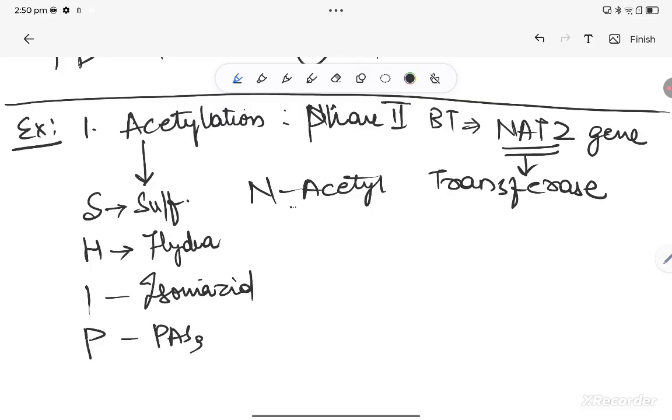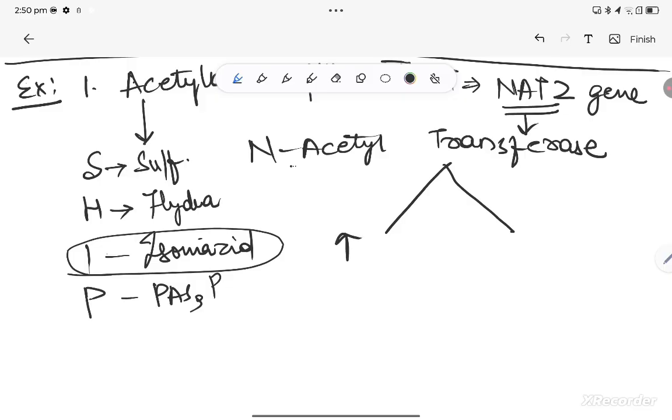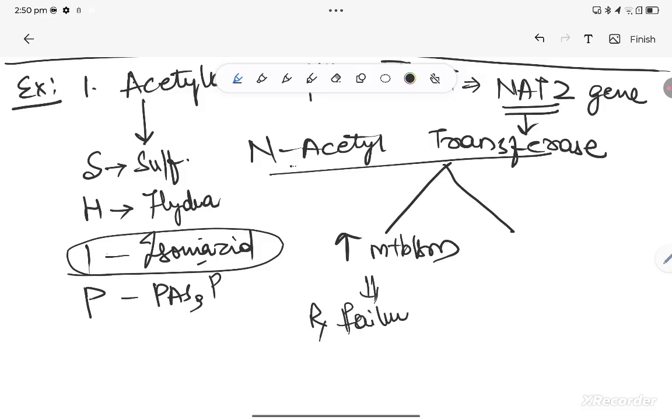Let us take the example of isoniazid. Isoniazid is basically an anti-tubercular drug. If a patient is expressing more N-acetyl transferase, there will be more metabolism of isoniazid, resulting in treatment failure. That is, the tuberculosis will not be treated.